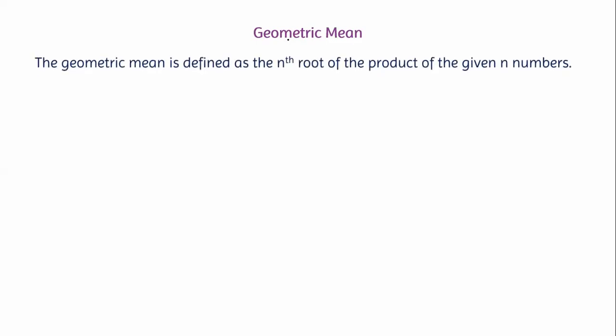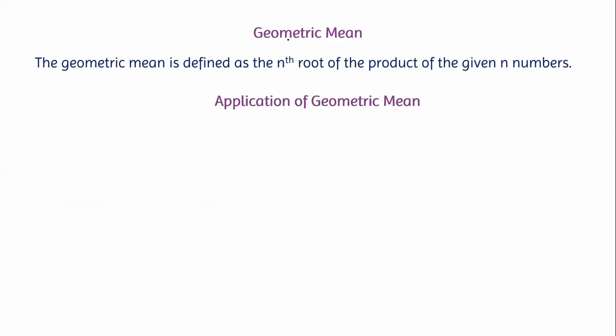And in general, if there are n number of observations, then after taking the product of all these n observations, we'll be taking the nth root of the product. And that is nothing but geometric mean. So the geometric mean is defined as the nth root of the product of given n values or observations. So it is not so simple.